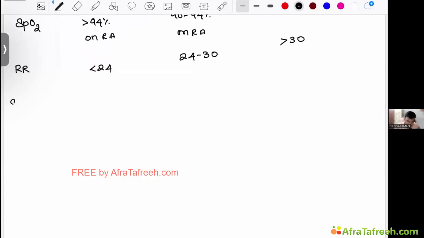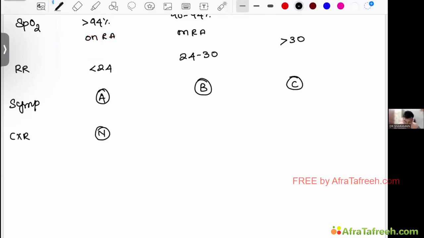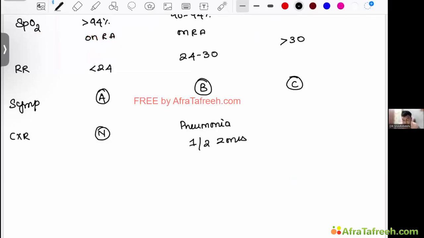Then symptoms: symptoms of cat A, cat B, cat C. Chest X-ray: normal, pneumonia-like feature involving one or two zones, and here more than two zones.